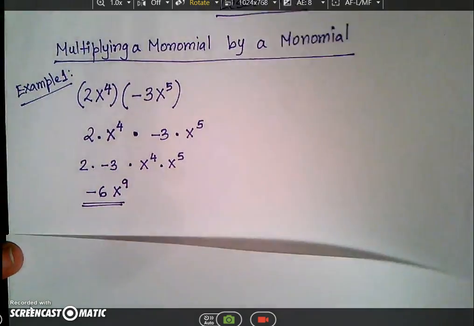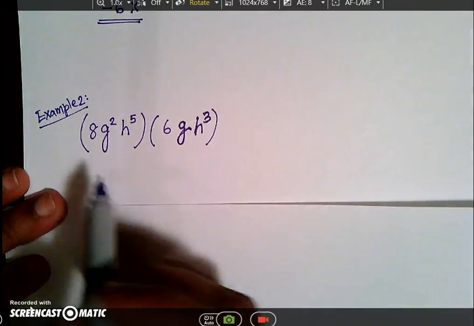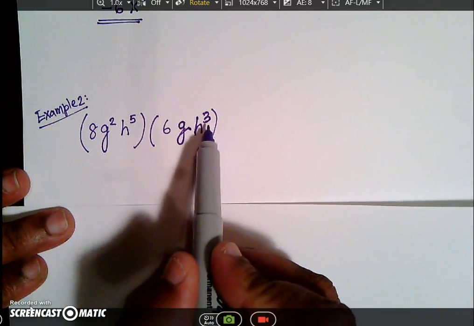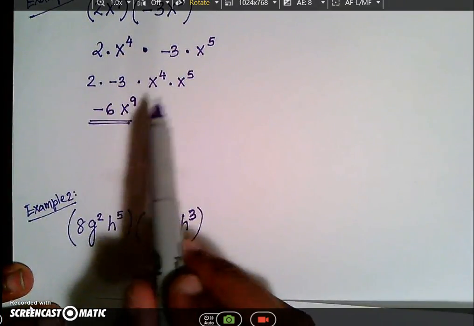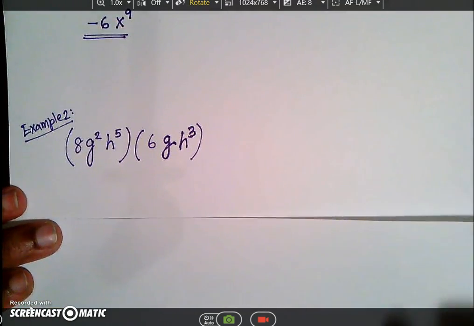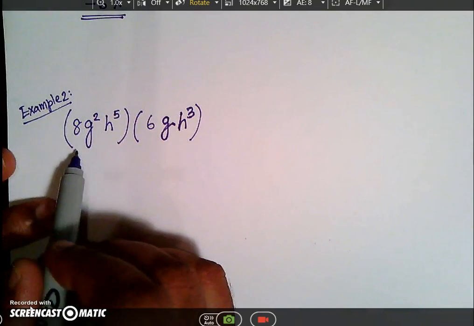So next example, I have 8g squared h to the power of 5 and 6g h to the power of 3. Here I was dealing with only one variable. Here polynomials can have more than one variable in their terms. So another example with two variables in each term.